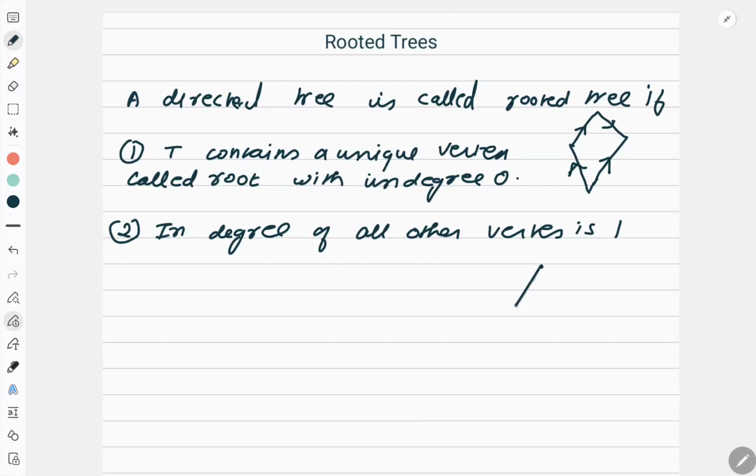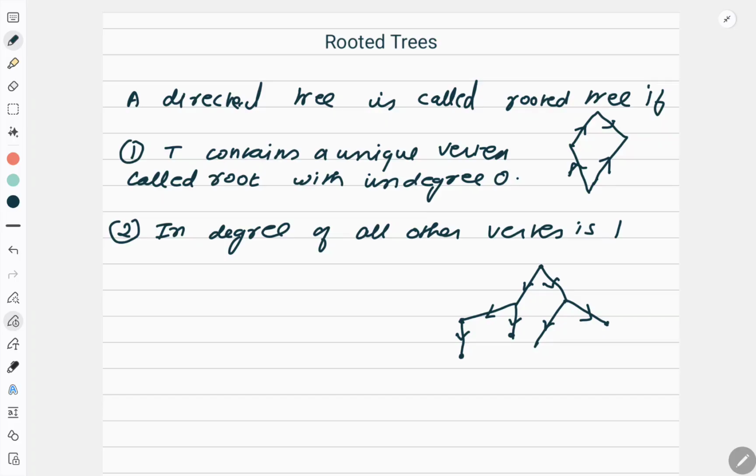So now suppose I am making this tree. Now this is a tree. A directed tree means every edge has a direction, a downward direction. That is the main important thing.